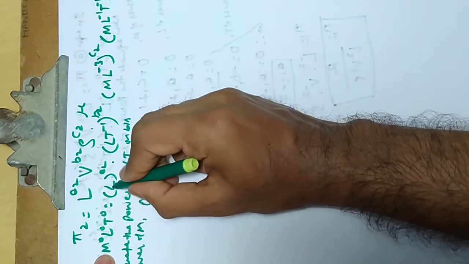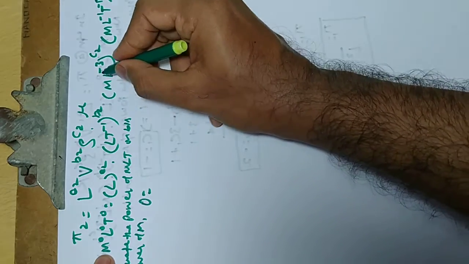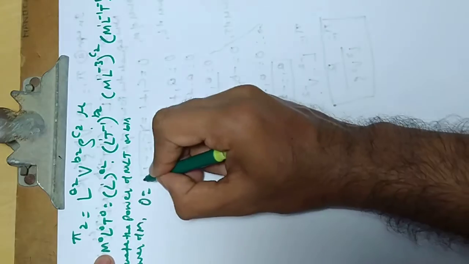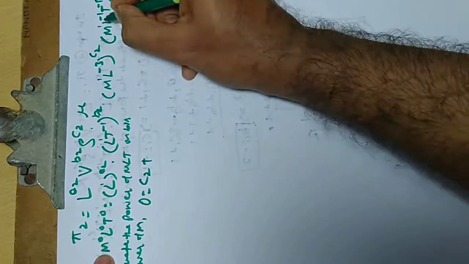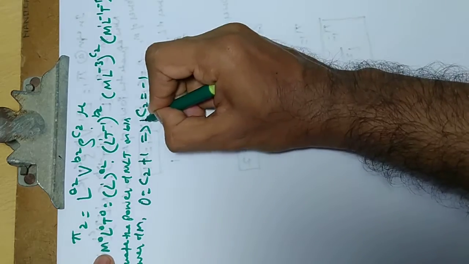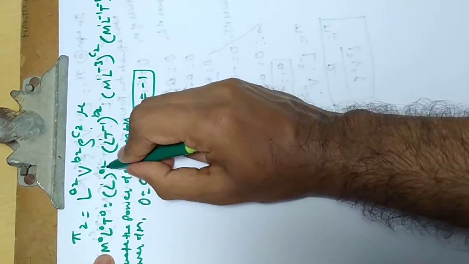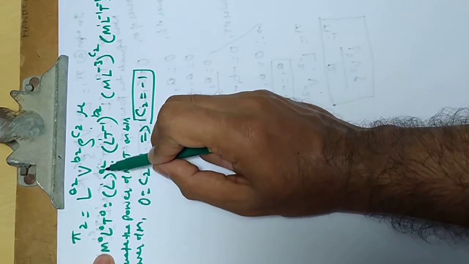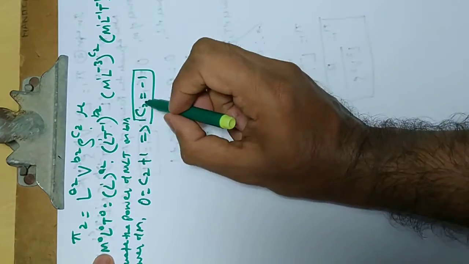On the right hand side, rho has power 1 and mu has power 1, so c2 into 1 plus 1. So c2 is equal to minus 1. Now our next aim is to find out a2, b2, c2, and after finding them, substitute in this equation to find the pi 2 term.